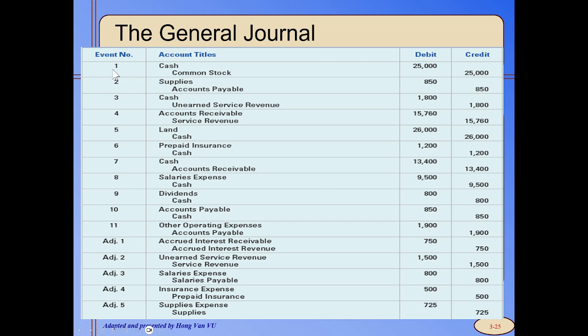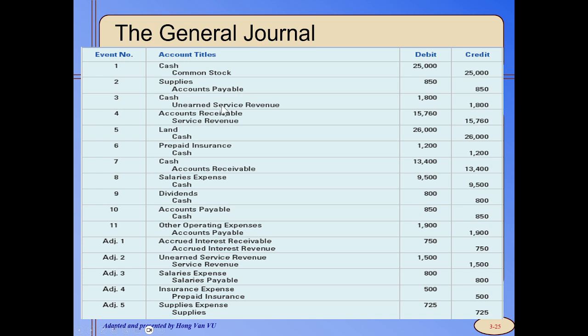So you see that we have 11 transactions, and we have 5 adjustments at the end of the period, right? The first transaction is issuing common stock and receiving cash. The second transaction, the company buys supplies on account.